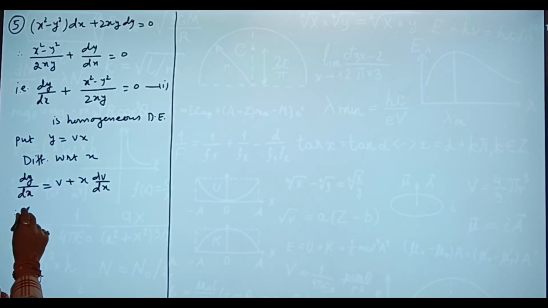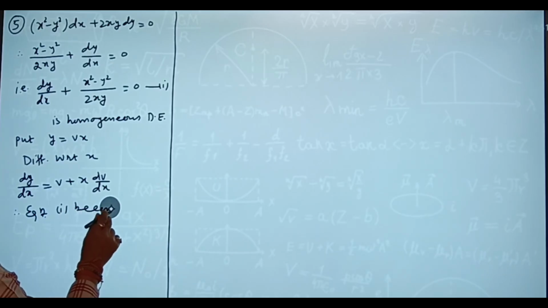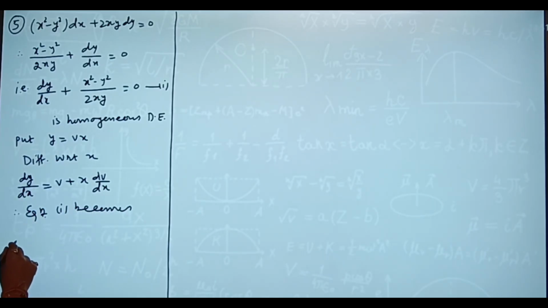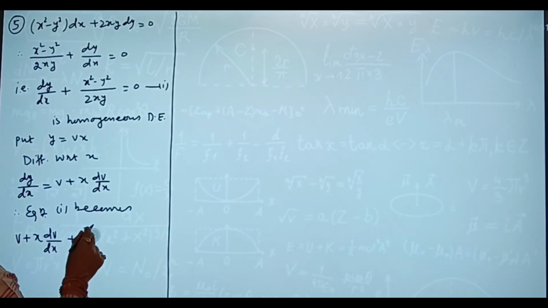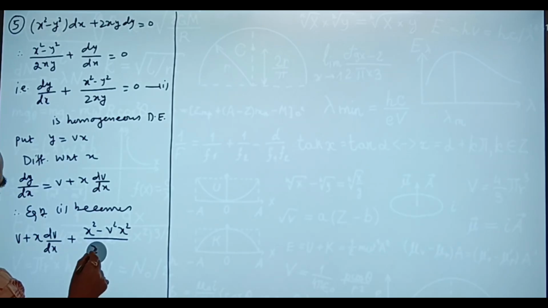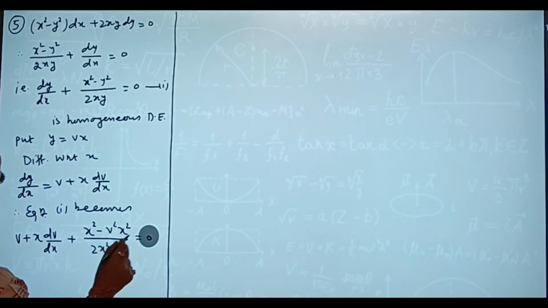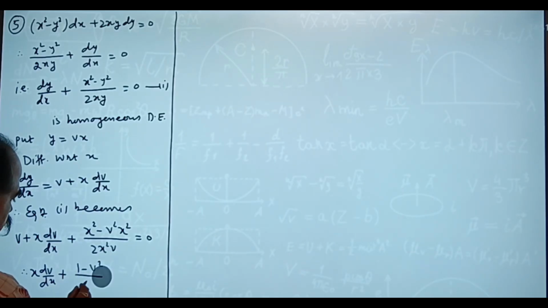Therefore, equation 1 becomes v plus x dv by dx plus x square minus v square x square upon 2x square v. x square common cancel, 1 minus v square upon 2v plus v is equal to 0.